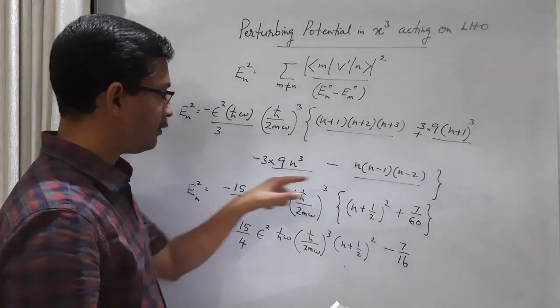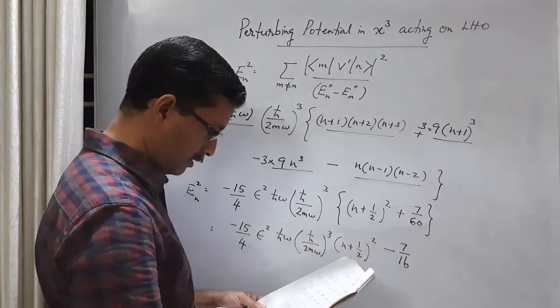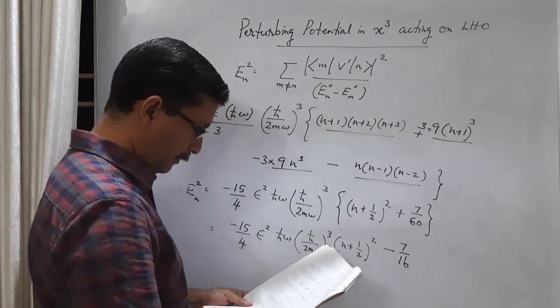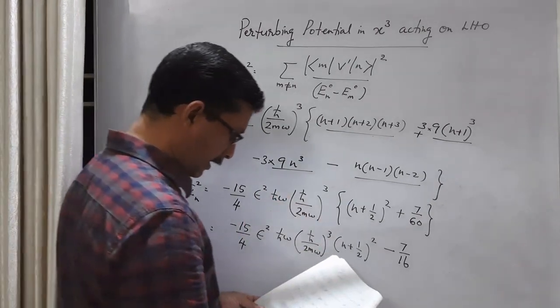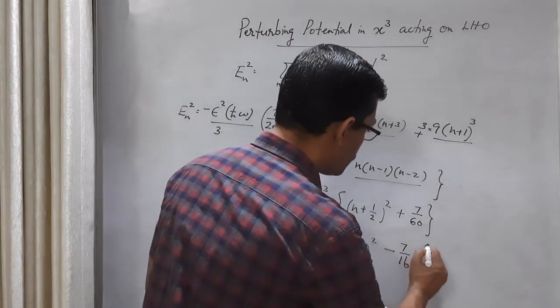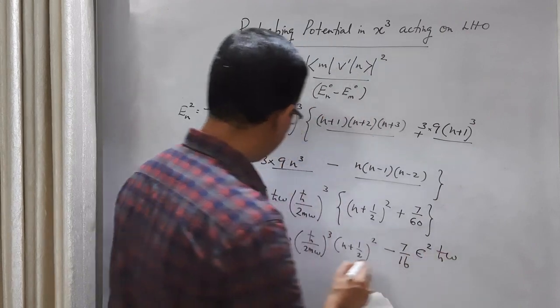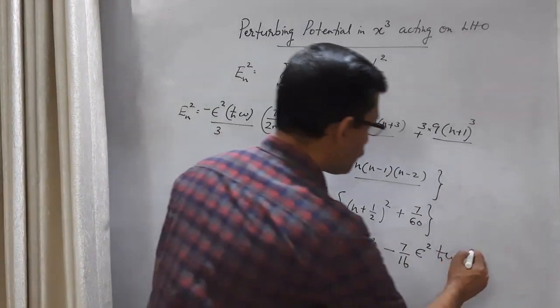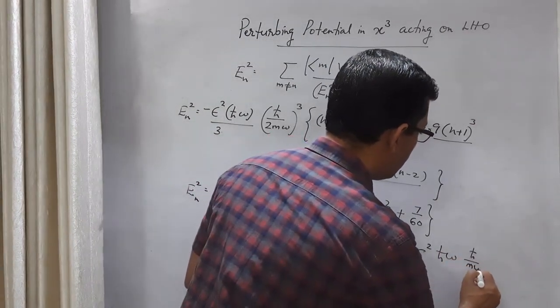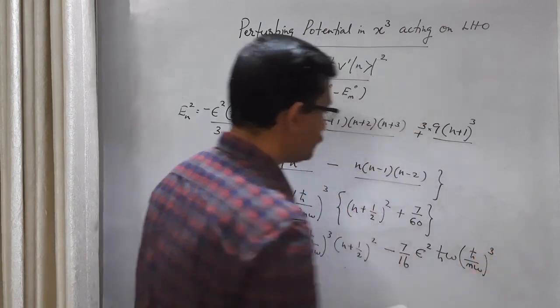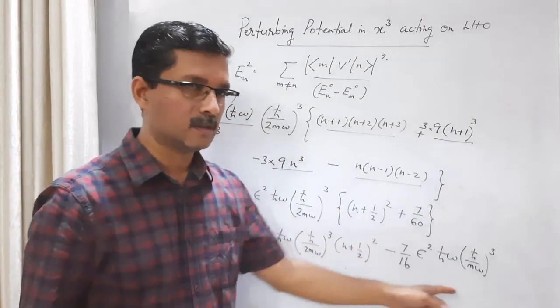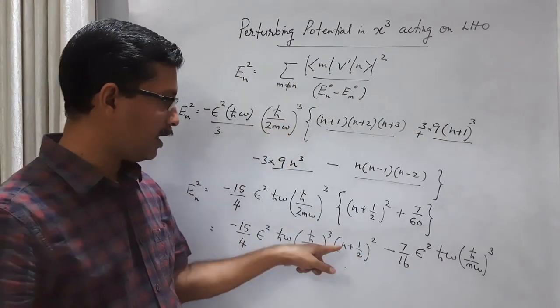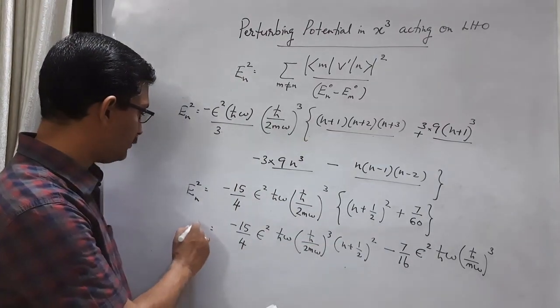Minus 15 by 4 into 7 by 60 will be 7 by 16, since 15 and 60 will cancel. So epsilon square h cross omega, h cross by m omega whole cube. This last term is a constant term, whereas the first term depends on n.